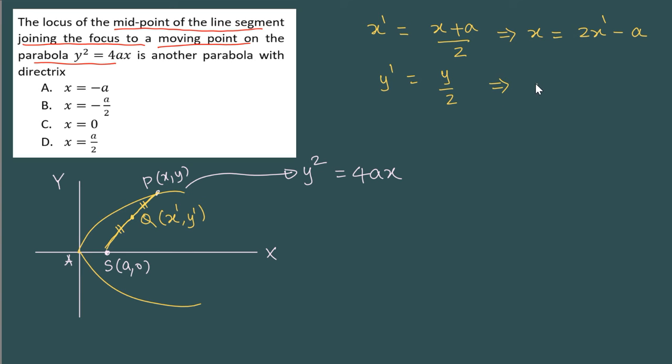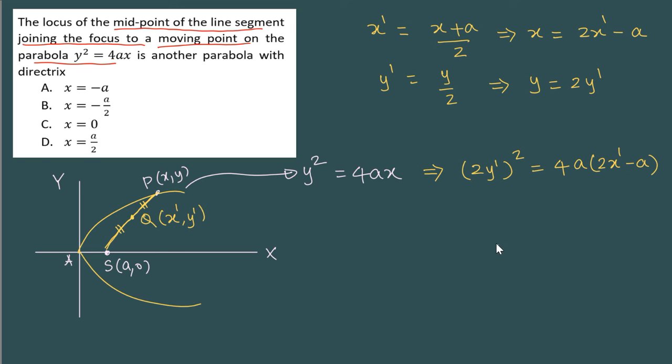So we have y as 2y prime. We can substitute the values of x and y in the given equation. So what do we get here? 2y prime whole square is 4a into 2x prime minus a.